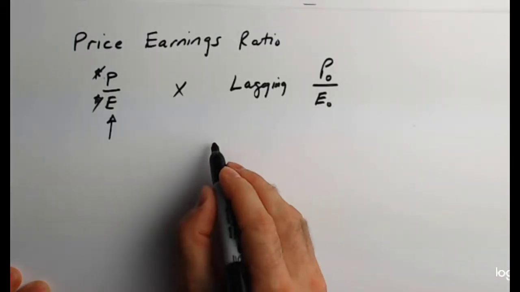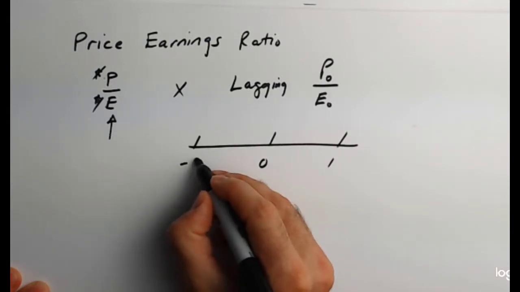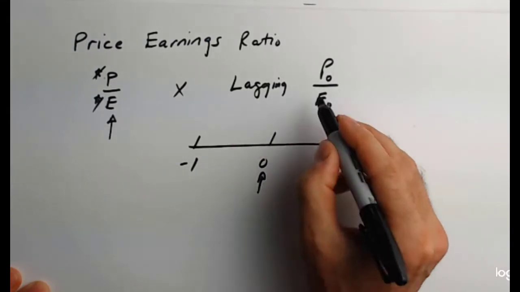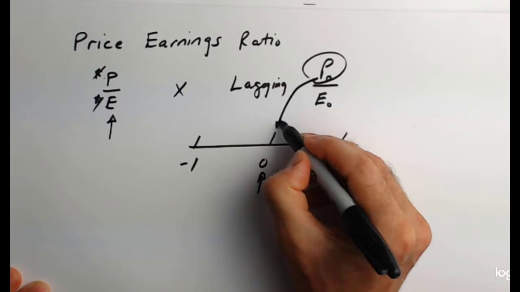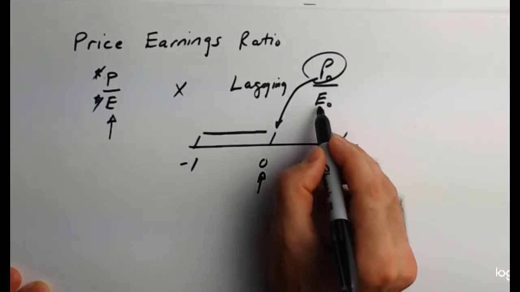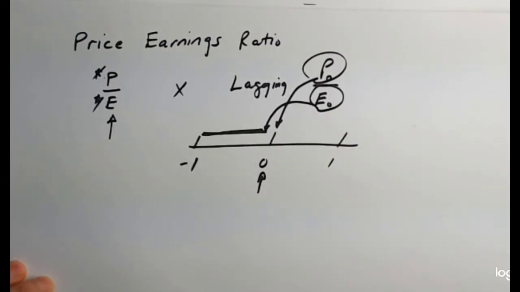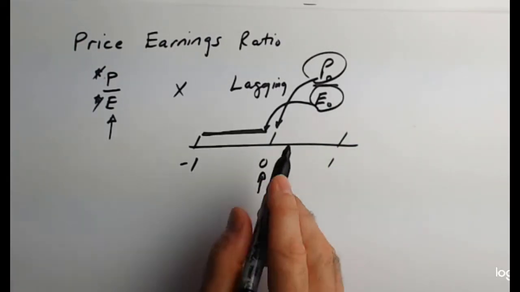So basically your timeline is this. Here's today, time 0. You're looking at a stock price right at this point in time, and you're looking at the earnings that came out just beforehand, for this whole period. So that's what's called a lagging PE. What's lagging is the earnings.